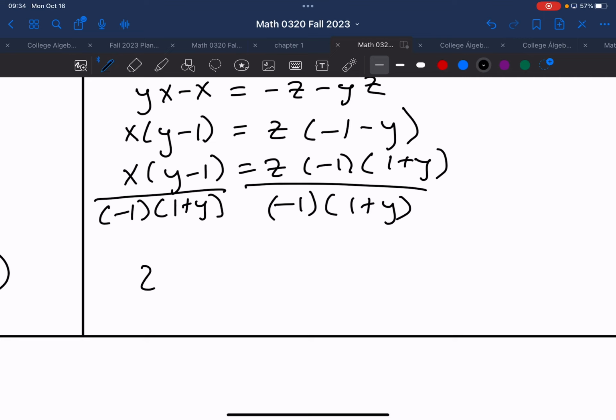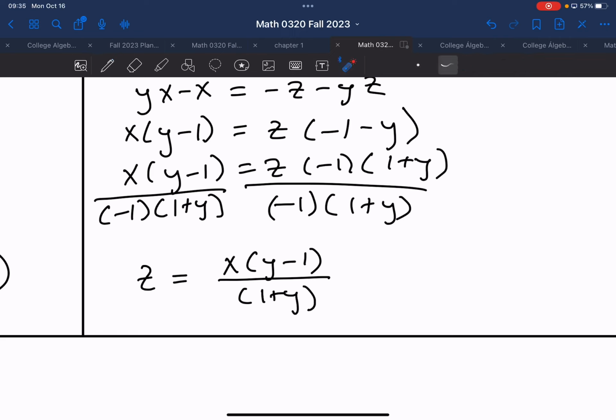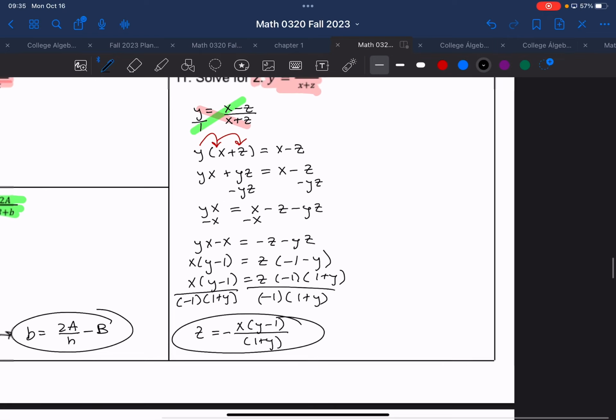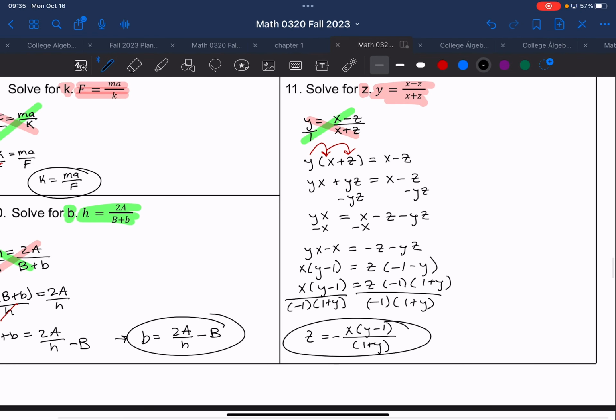So I'm left with z is equal to x times y minus 1 over 1 plus y, and I can just move that negative 1 to the outside. So this becomes negative. And that's my answer. Because remember, my only goal here was to get z by itself.